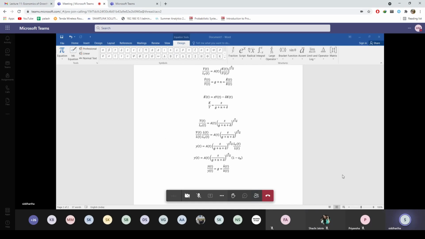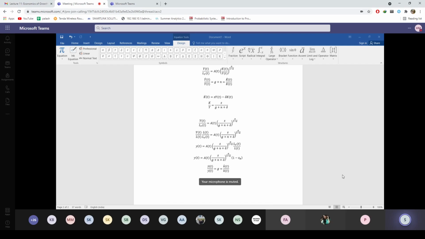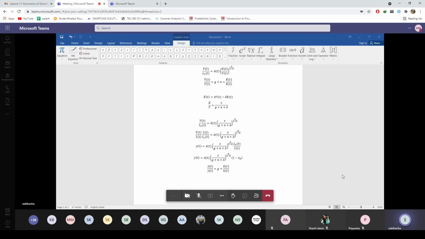That implies that to match the Kaldor fact, if there is continuous technological progress, then only will I get sustained growth in per capita output. Now we are asking, how do we get a sustained rate of growth of technology, which sustains my per capita rate of growth in the long run? This is what I'm going to model now.